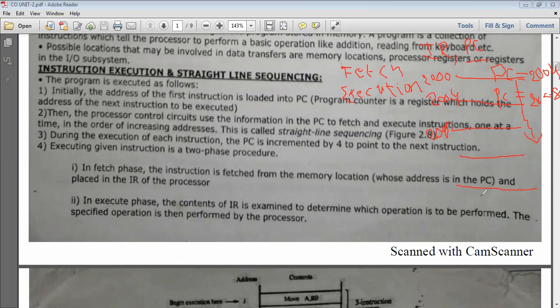Suppose any functions are called or any loops are there, then what happens?